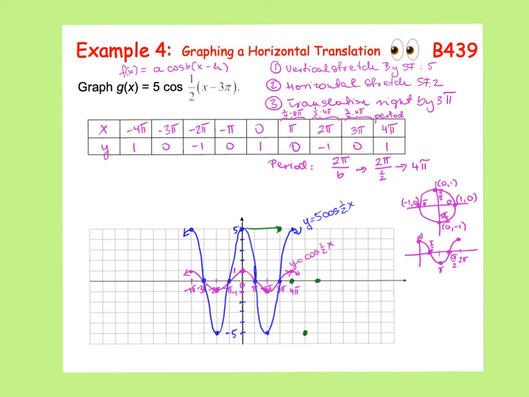Now I go in the left direction, starting with this point, 1, 2, 3 squares. Then I move my minimum point 3 squares, my other 0 3 squares, and my maximum point 3 squares. So I can graph our final transformed graph.